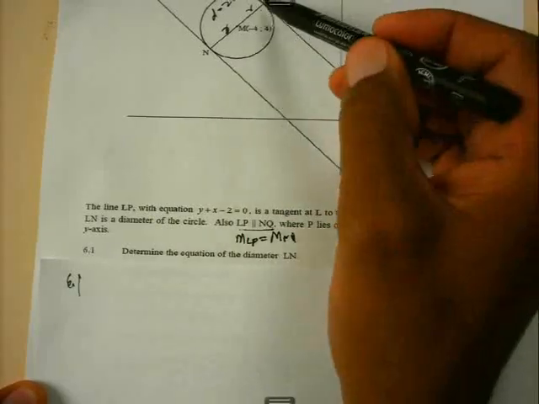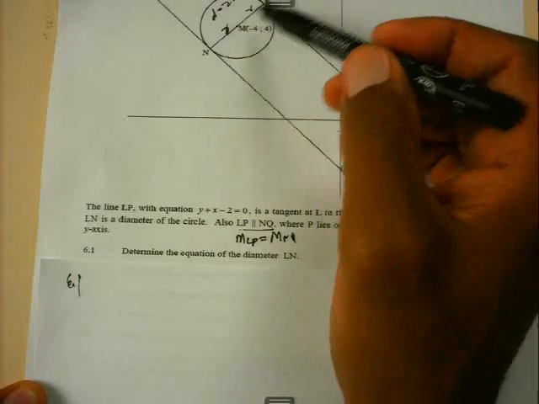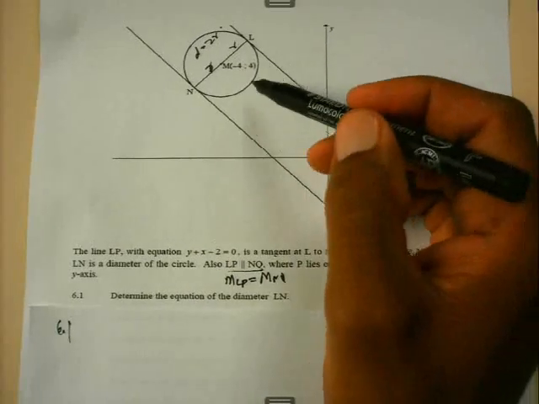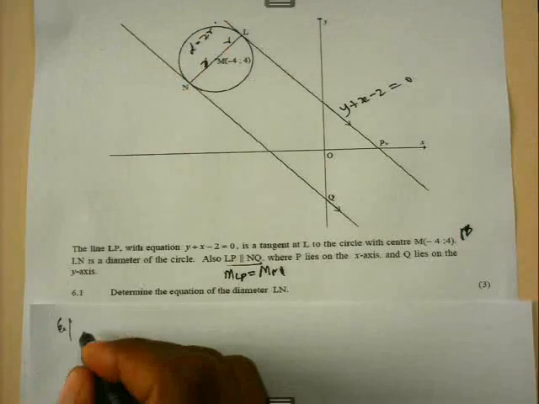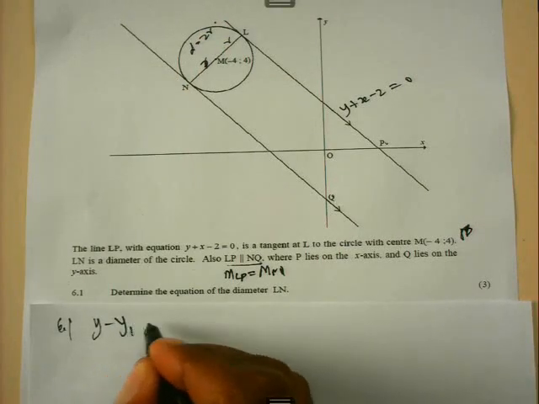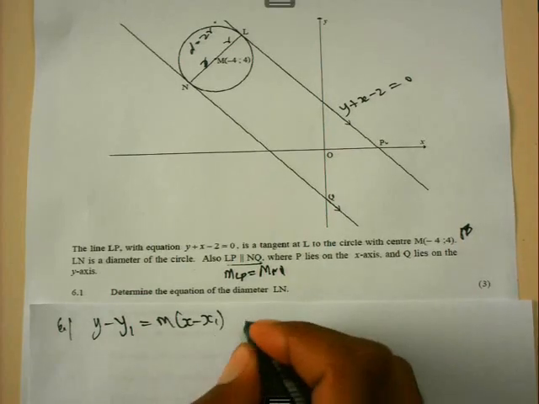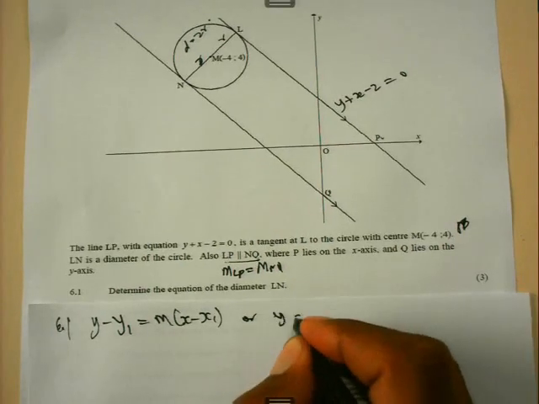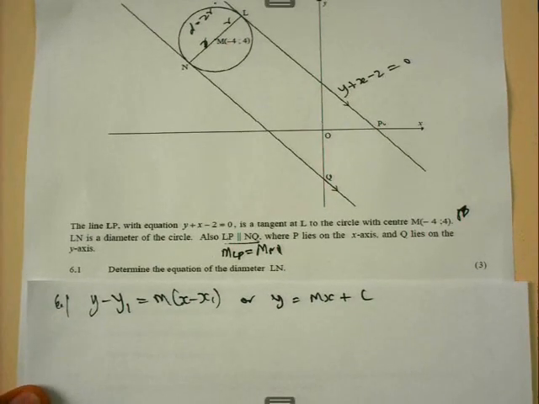Okay. Now here's the diameter LN, and this diameter is a straight line. Is that correct? Now you will remember that for a straight line, we have y minus y1 is equal to m into x minus x1, or one will say y is equal to mx plus c.